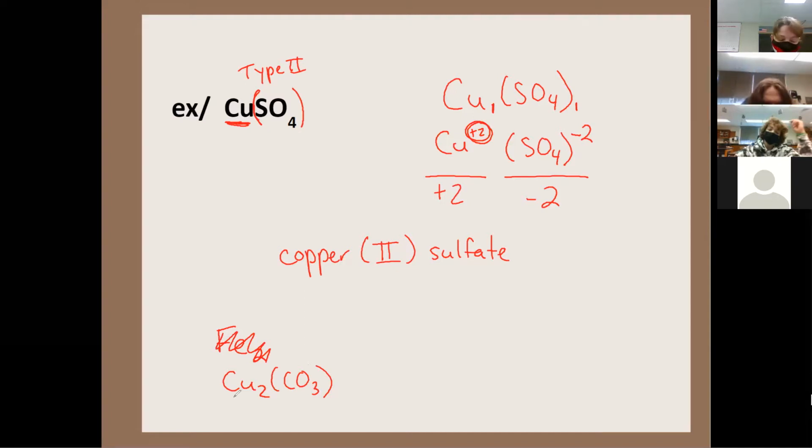So we already know that copper is a type 2, so we're going to need a Roman numeral. That means this is going to be copper, some Roman numeral, and then CO3 is carbonate.